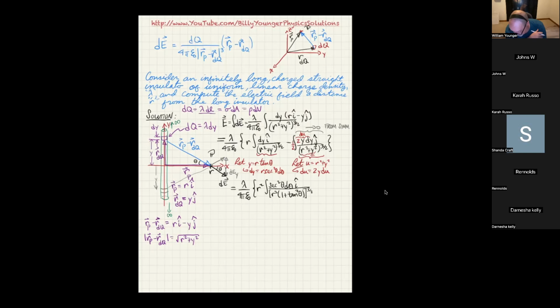So in fact, I just get 1 over r for the r's. 1 plus tangent squared, of course, is secant squared theta. Of course, it's raised to the 3/2 power, so that's going to be secant cubed theta in the bottom with secant squared theta on the top. So that's just going to be 1 over secant theta. And of course, 1 over secant theta means cosine theta.